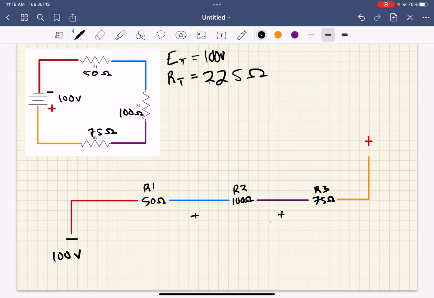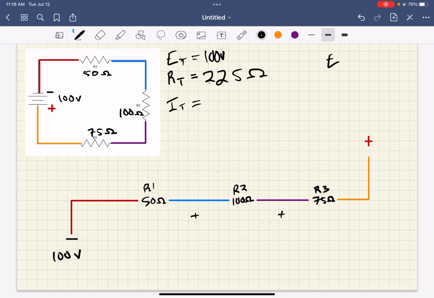Now that I have that established, the next total value I want to figure out is my current. Just using Ohm's law, I know that if I have ET and RT, E total and R total, I can figure out what my IT is.